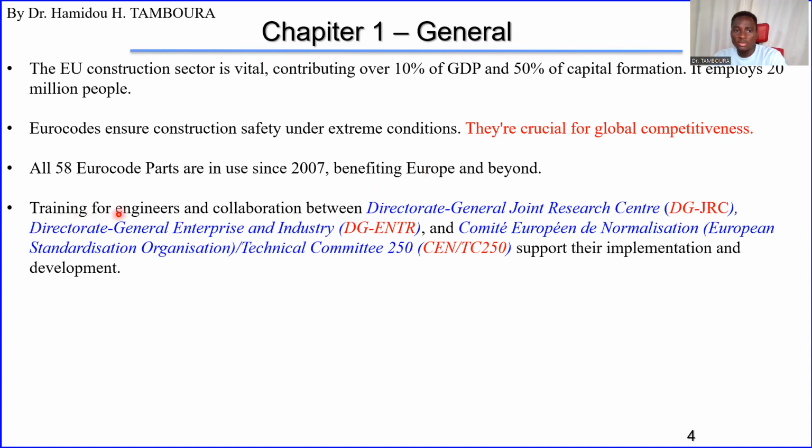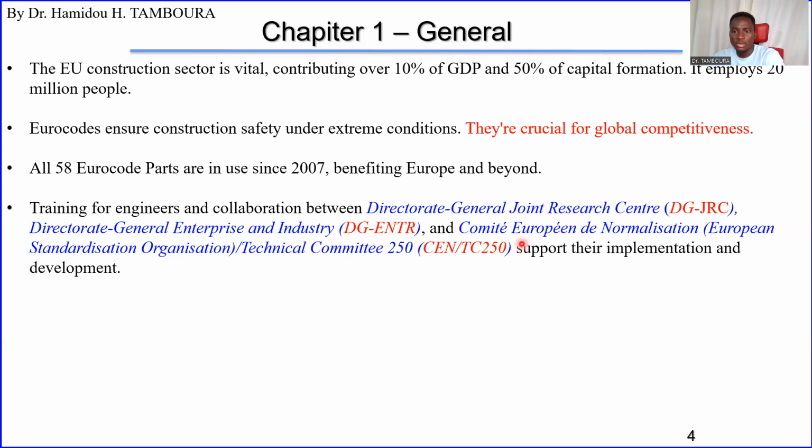And training for engineers and collaboration between this research center, Directorate General Joint Research Center, which is here, DG JRC, and this one also, Directorate General Enterprise and Industry, and the Committee of European Standardization Organization.